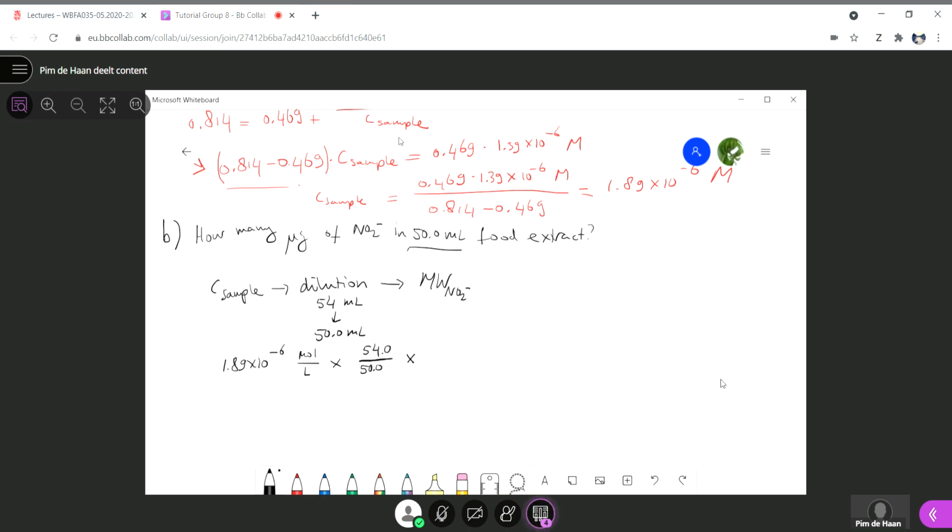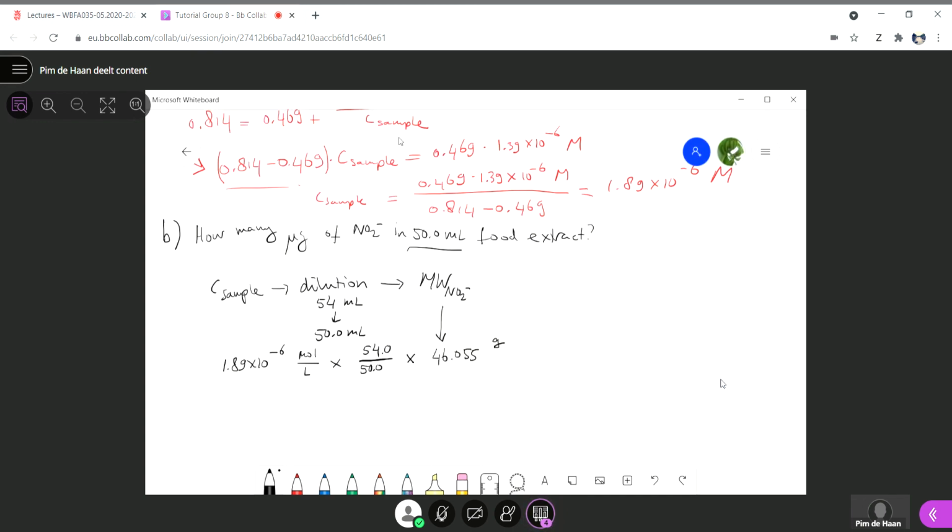Right. Yes, you're right. I forgot a part. Okay, I'll finish B and then we'll go back to A. Yes, you're absolutely right. We had to do molar absorptivity. I'm going to finish this one. This is 46.055 grams per mole.